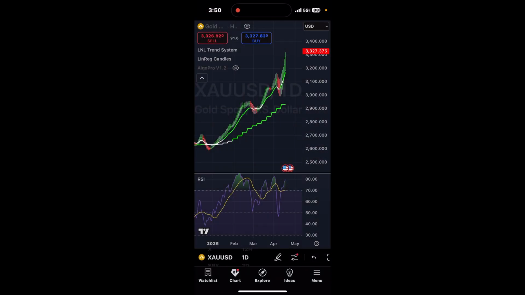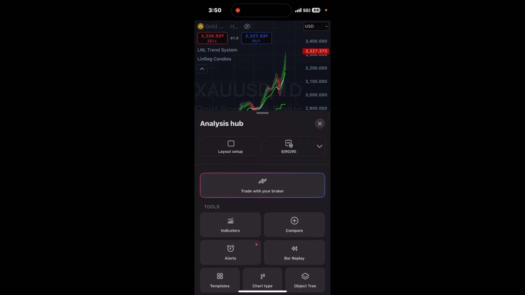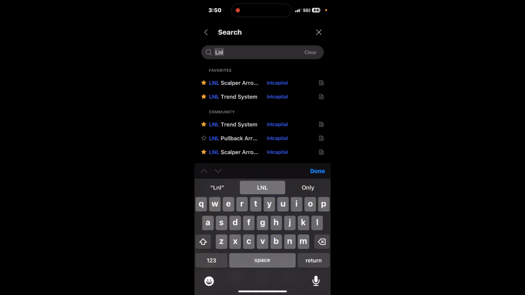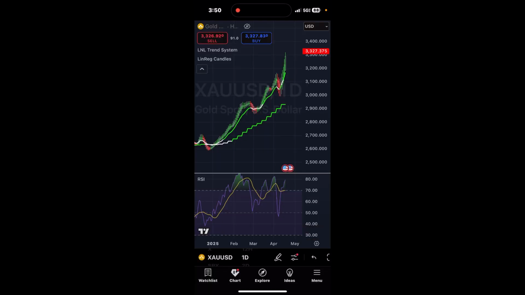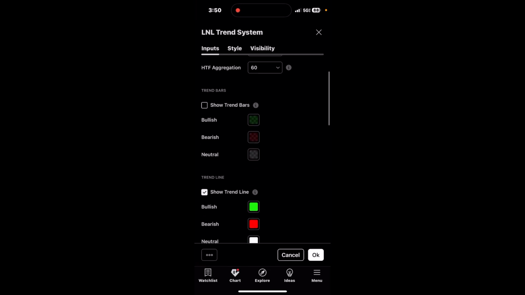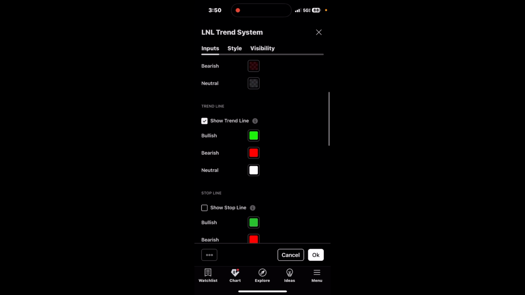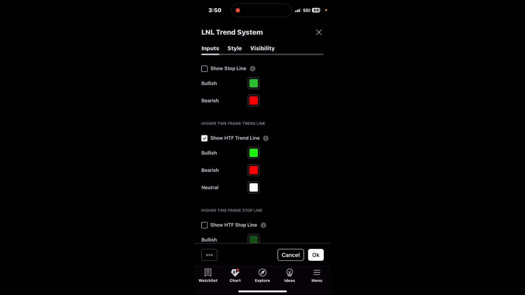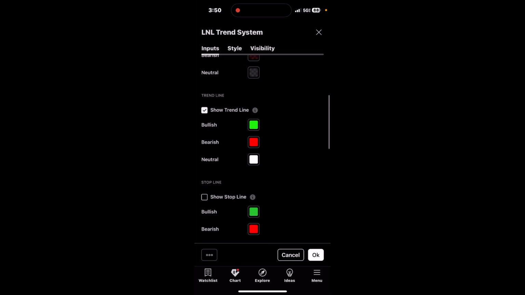Okay, so for this strategy, you basically need 3 indicators. The third one is optional, but the first one you need is the LNL trend system. Go to your settings, select LNL trend system, and once you get it, deselect everything except for show trend line and show HTF trend line.